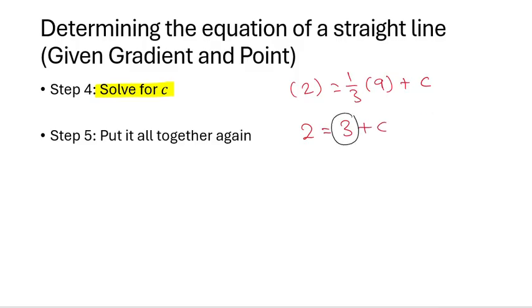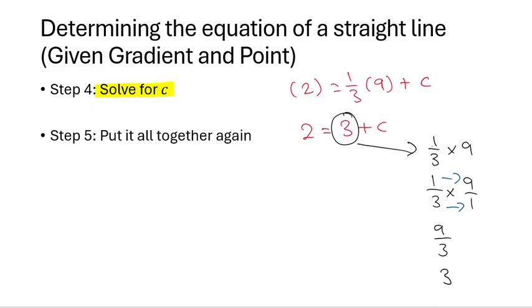If you're wondering how I got this, if I do 1/3 times 9, another way of writing times 9 is 1 over 3 times 9 over 1. When you multiply fractions, you typically multiply across. So you get 9 over 3, and 9 over 3 just ends up being 3.